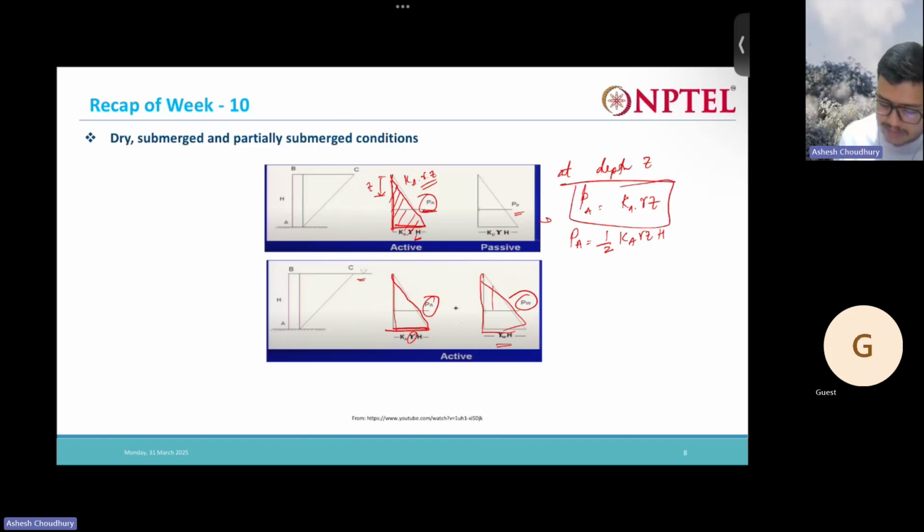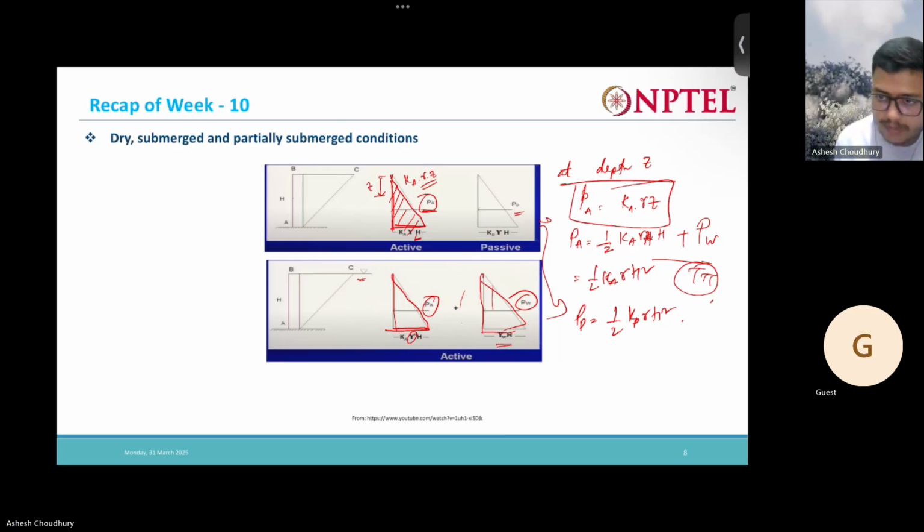Now if I write for the total, if I want to find out the area, this will be half K gamma H square. Similarly for PP also I can get half Kp gamma H square. And for the submerged case, along with this, you have to add this area also to get the total thrust.